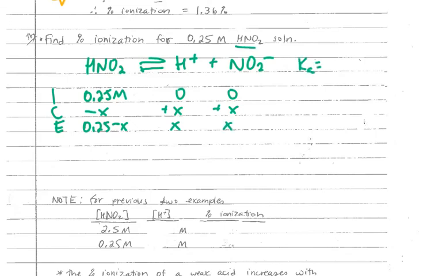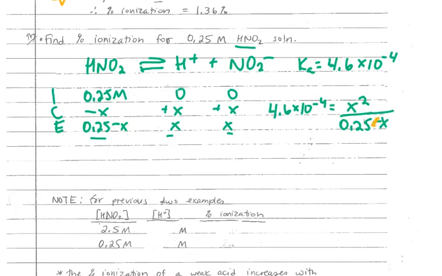This is the same acid from the previous problem, so it has the same Ka of 4.6 times 10 to the negative 4. So 4.6 times 10 to the negative 4 equals X squared, X times X, over 0.25 minus X. We're going to use the X approximation technique and assume that X is negligible.